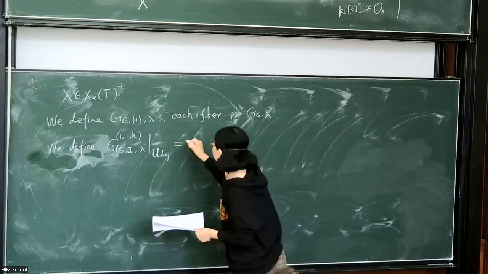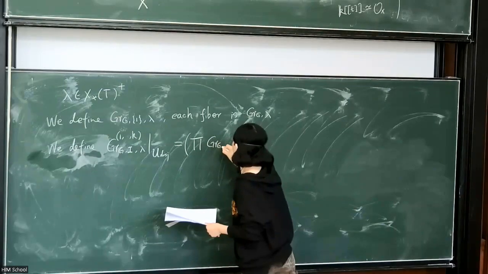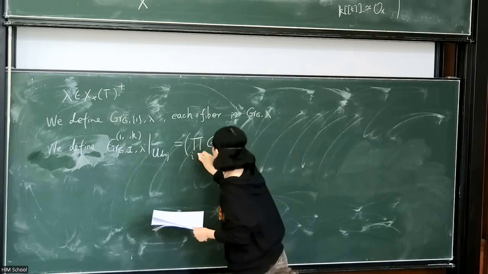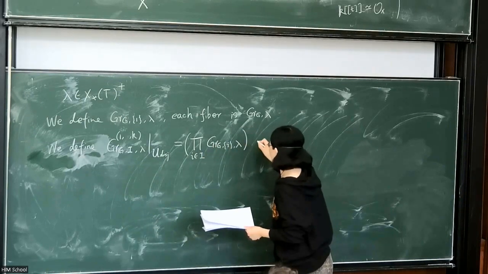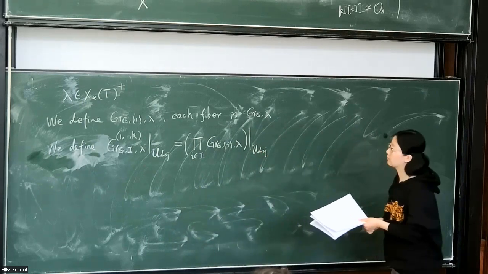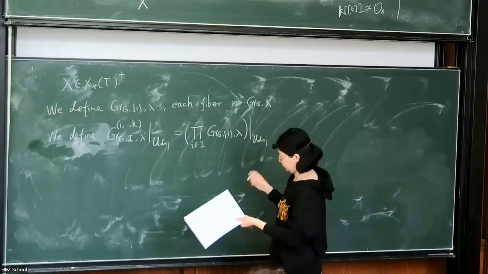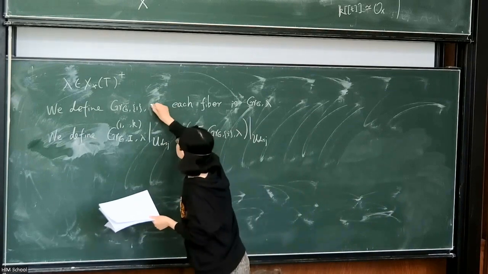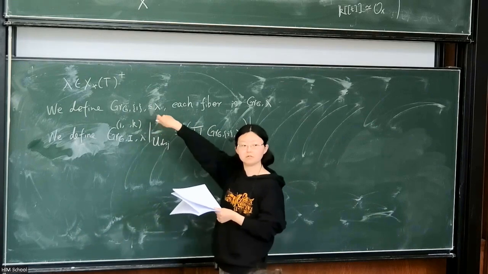Over this, we define it to be the product. In fact, what we are really interested in is the one smaller than lambda, because this one is proper, it is the Zariski closure of the lambda.